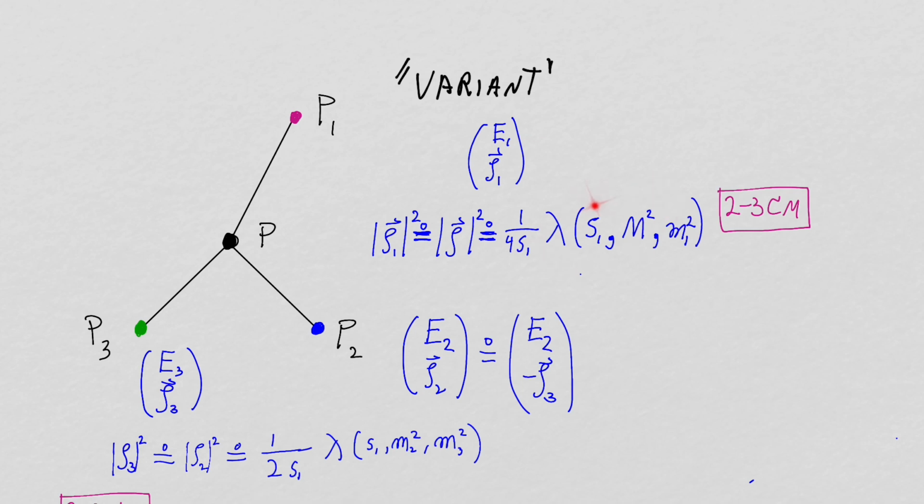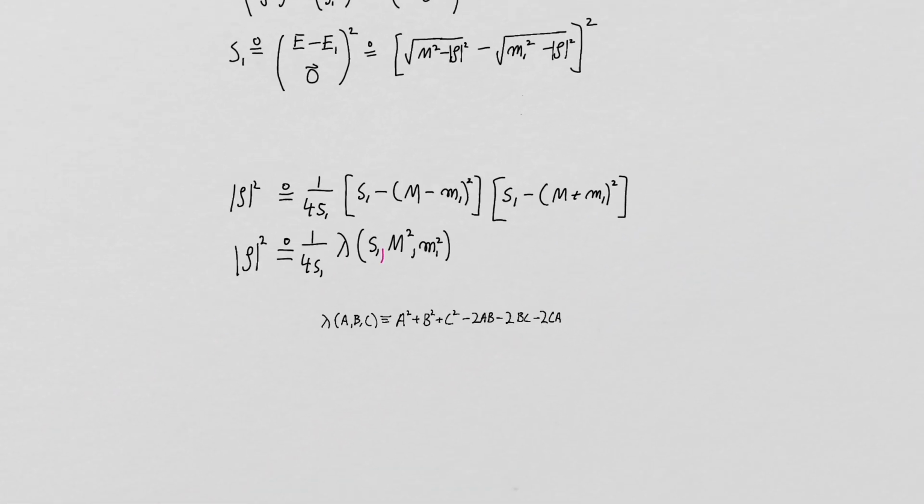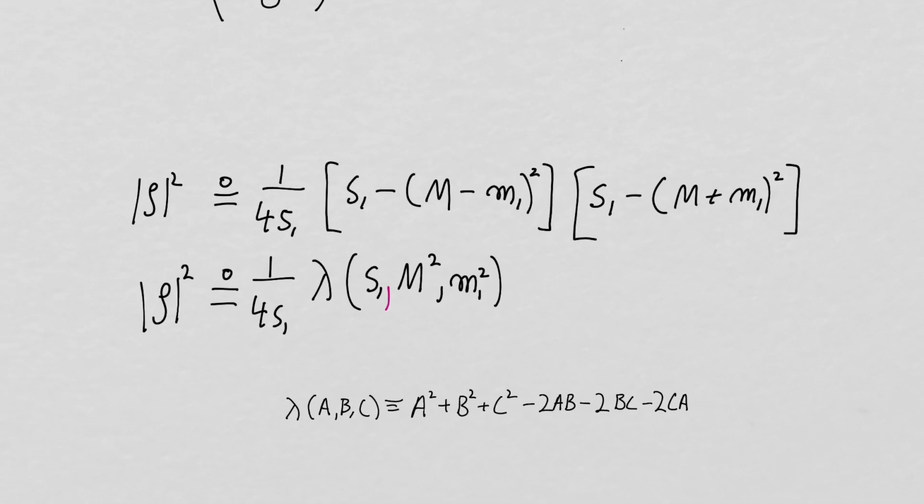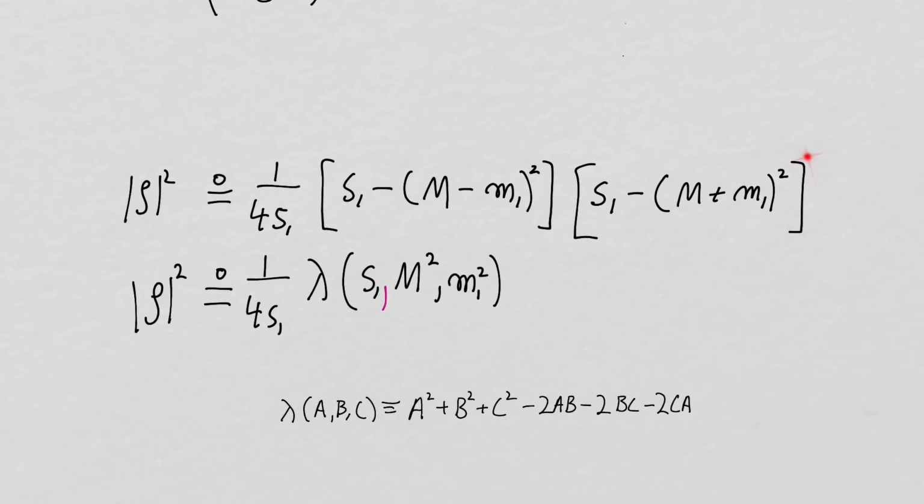And we use this lambda function, and that lambda function we defined last time. It was defined in a very symmetric way. Lambda of ABC is a squared plus b squared plus c squared minus these three cross terms with a factor of 2. And that also represented this very commonly seen expression that kind of pops up all the time in relativistic work.